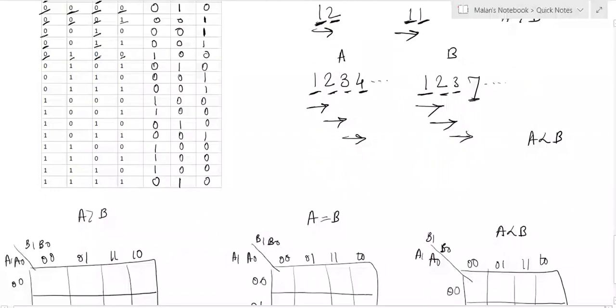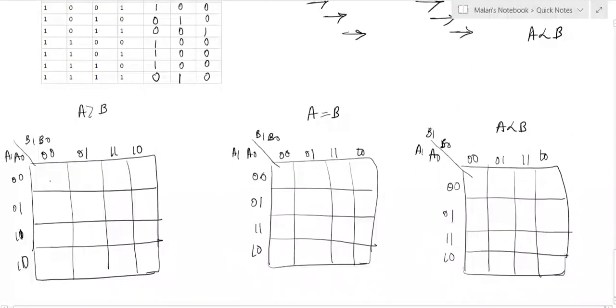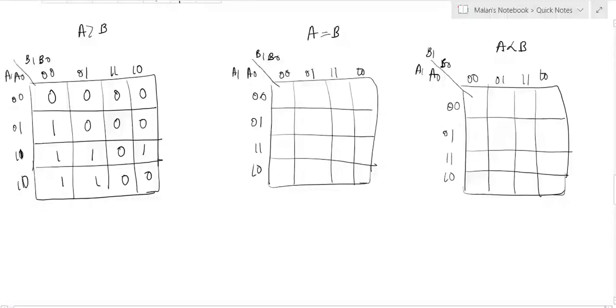So the K map will look like this: 0, 0, 0, 0. Then 1, 0, 0, 0. Then 1, 1, 0, 0, and then 1, 1, 1, 0. Now this is the K map for A greater than B.